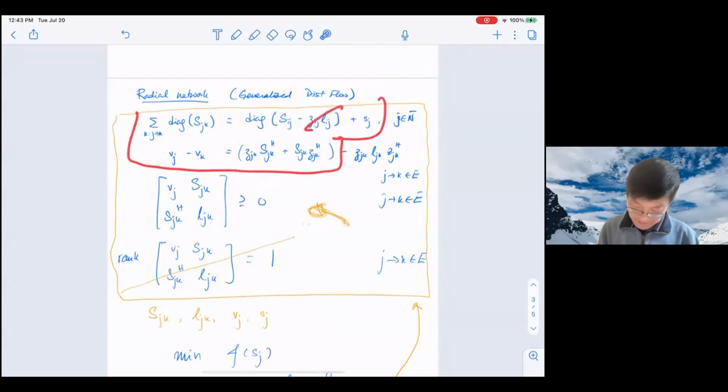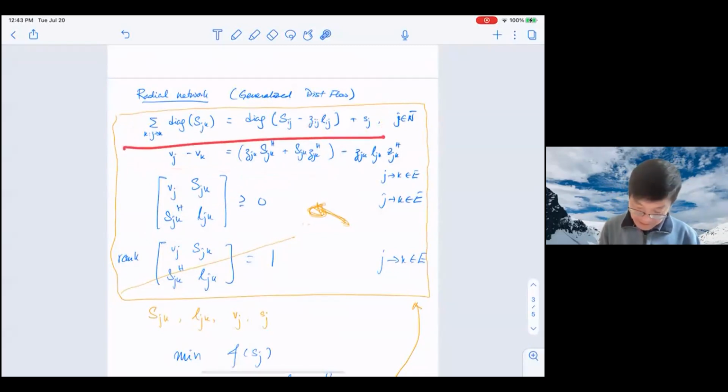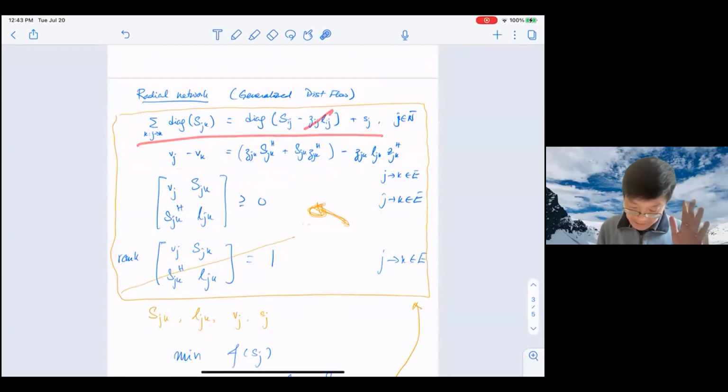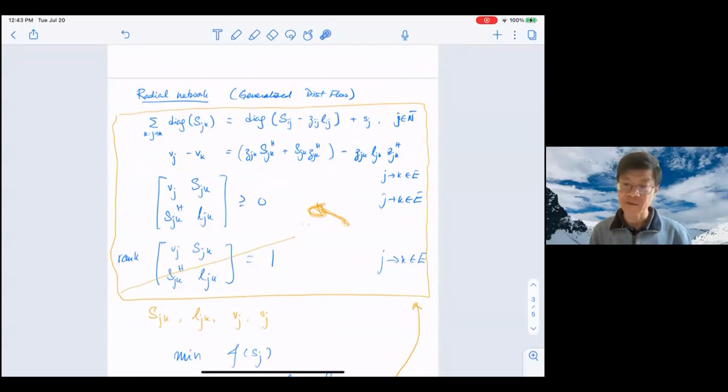Well, this, but without this, okay? Now, if you look at this, if you just ignore L, with the first assumption, you can ignore L already. But this does not constrain the off-diagonal entries of S_jk. It only constrains the diagonal entries.